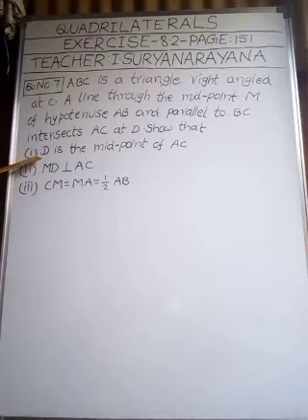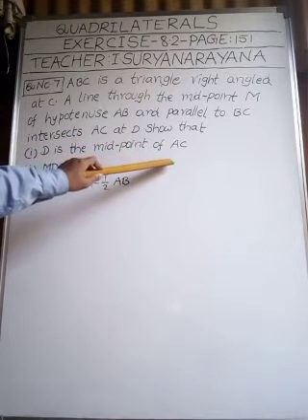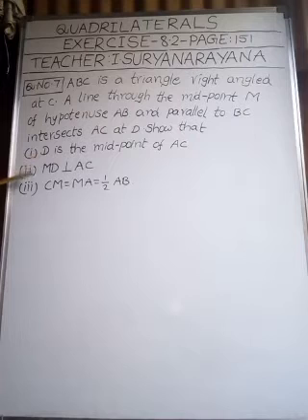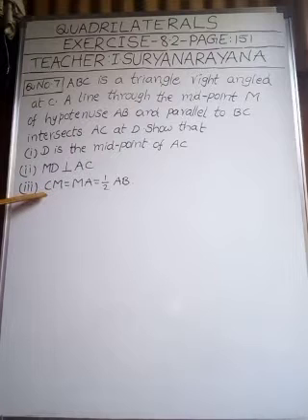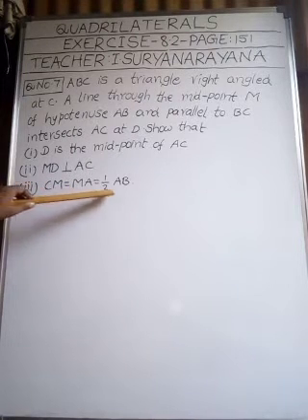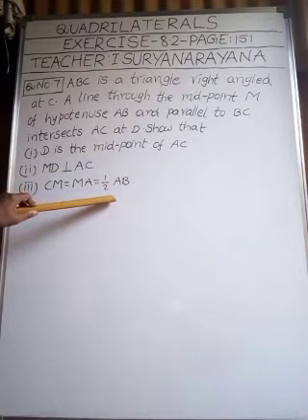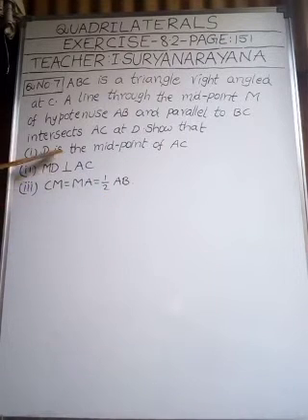Show that D is the midpoint of AC. This is the first part of the question. Second part, MD is perpendicular to AC. And the third part of the question is CM is equal to MA is equal to half of AB. So we have to prove these three parts one by one.